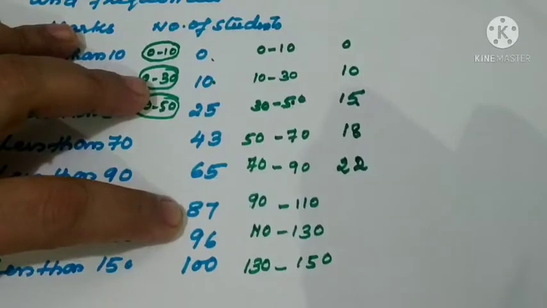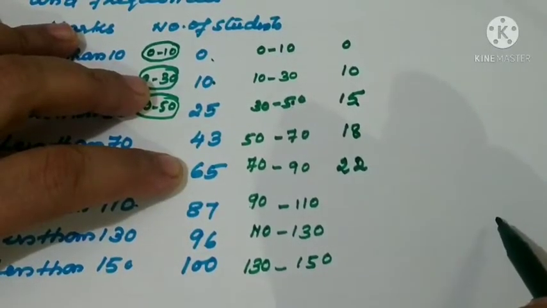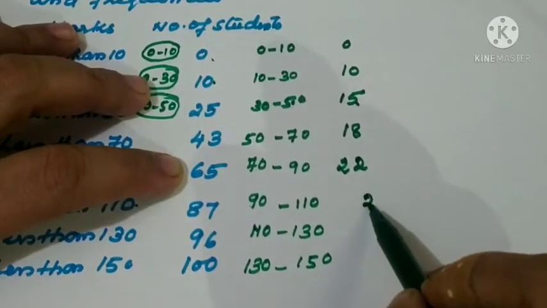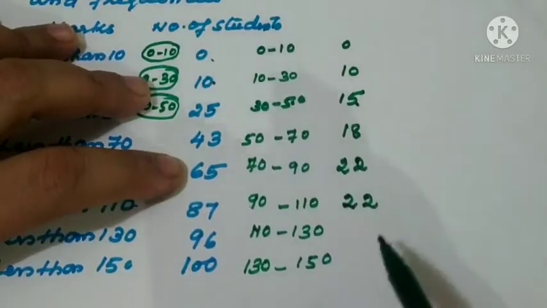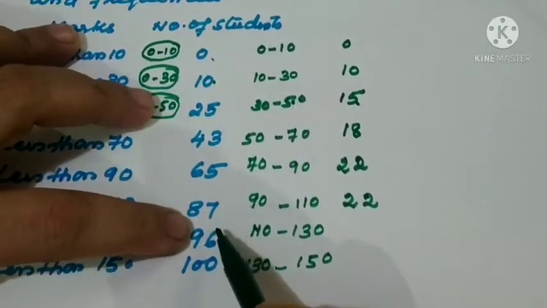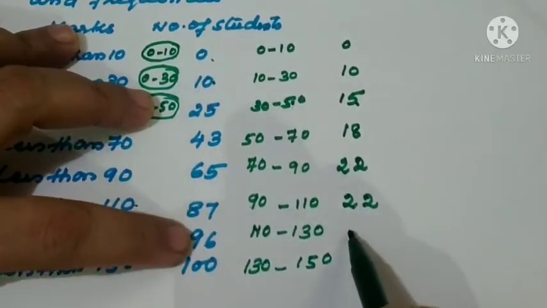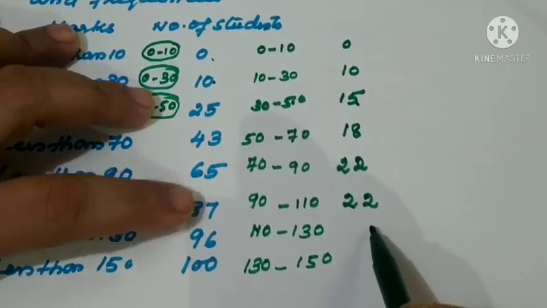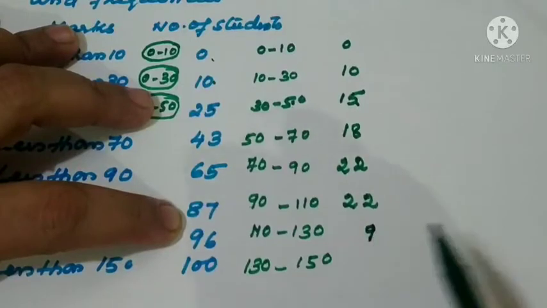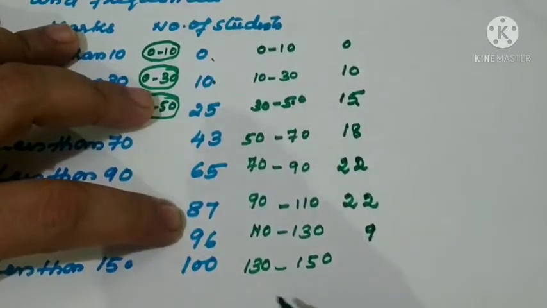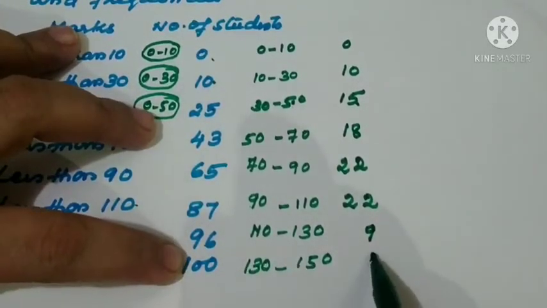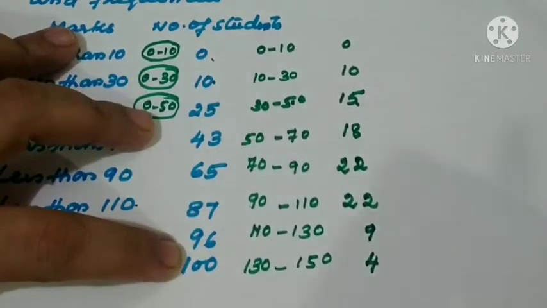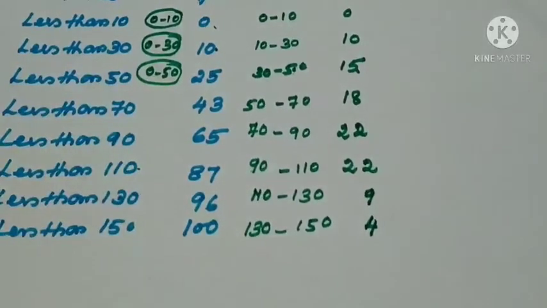Next 87 minus 65, one more 22. Right? Next 96 minus 87. Next 100 minus 96, it is 4.